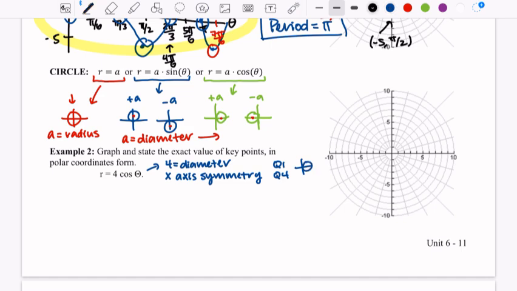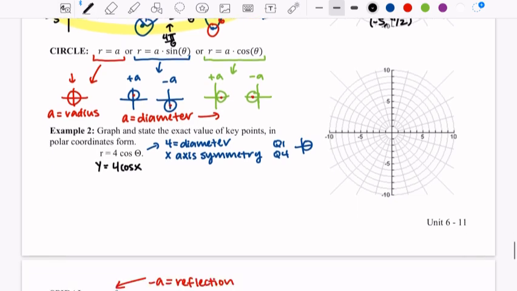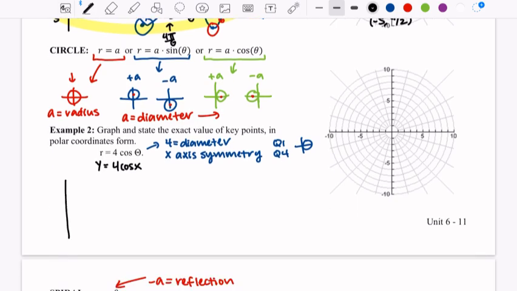Okay, again, if this had been written as y equals 4 cosine x, we would have been able to graph this easy peasy last semester, so let's use that graph to generate our points. Okay, this cosine graph has an amplitude of 4, and there is no coefficient of x except for 1, so that means that our period will be 2 pi.